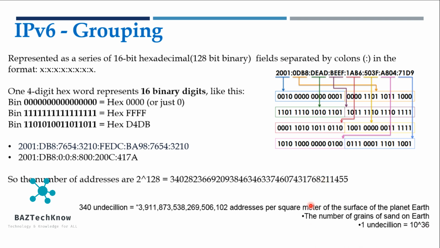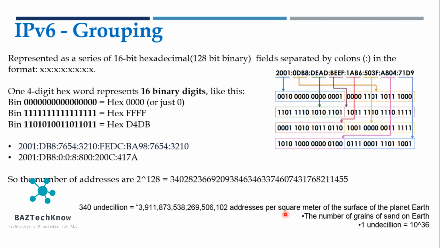Or you can correlate it with this: the number of grains of sand on the Earth is equal to this. So this IP space is probably not going to end, because it's a very huge number. This is 128 bits, meaning 2 raised to the power 128.